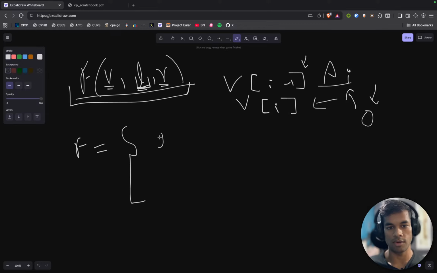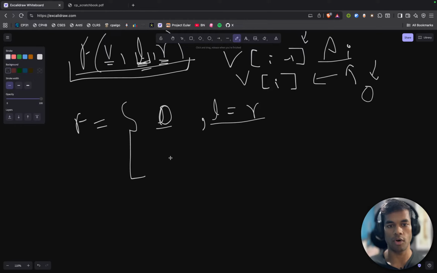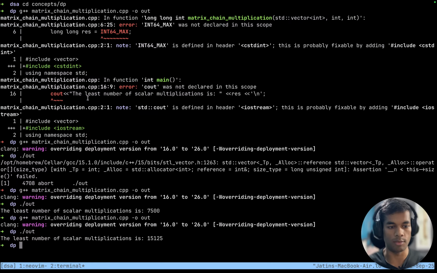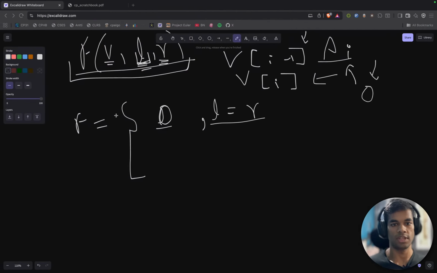So this function we can write, let's just represent it with f. We can say it is equal to 0 when l equals r. Since this is inclusive, l equals r would mean we have only one matrix. When we do not have anything to multiply it with, we do not perform any scalar multiplications. And that is what we say here. If l equals r, return 0. That is cool.